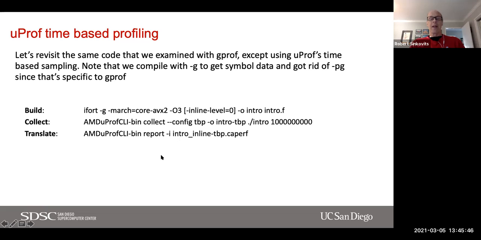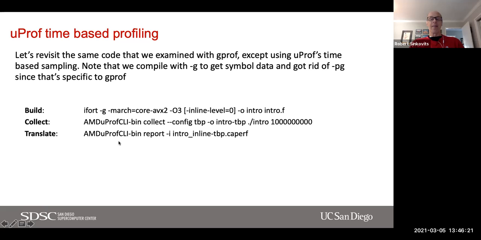All right, then we have the collect phase, again calling AMD uProf CLI bin, collect --config, in this case tbp for time-based profiling, -o intro-tbp. That means that I'm going to be capturing the output in a file called intro-tbp.caperf, and then finally we're going to execute the code ./intro, with an n value of 1 billion.